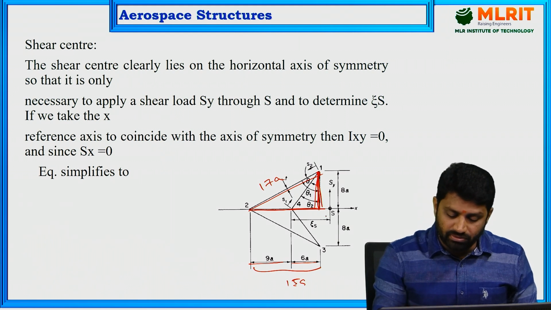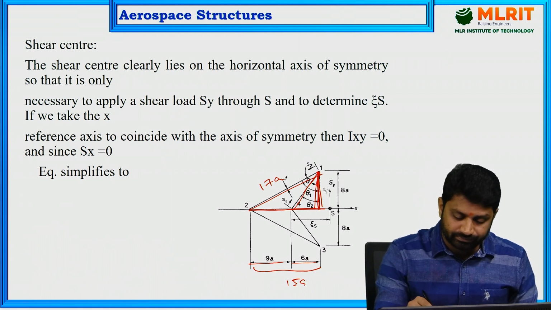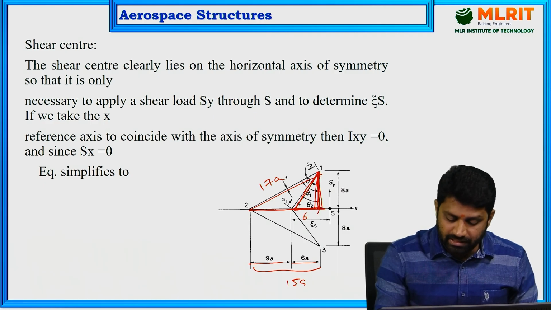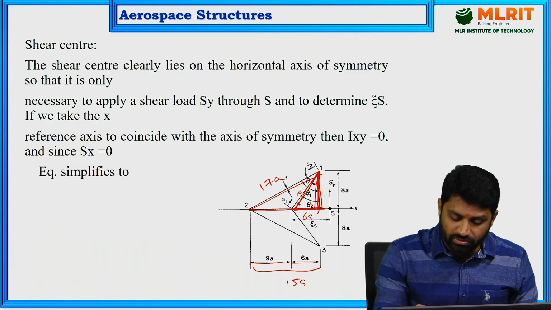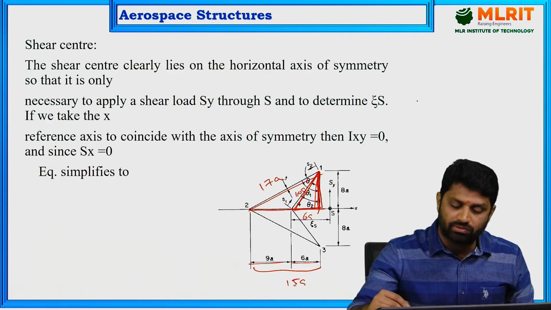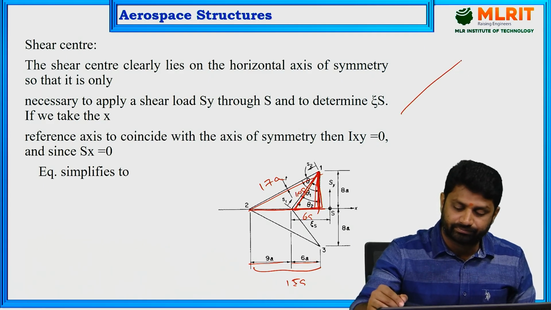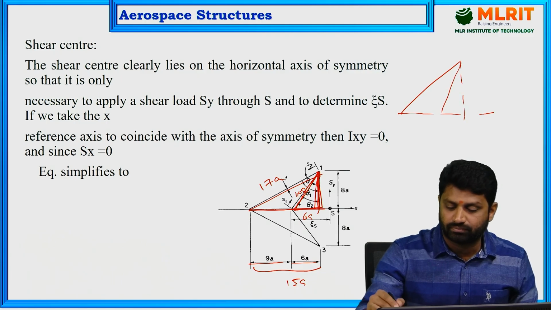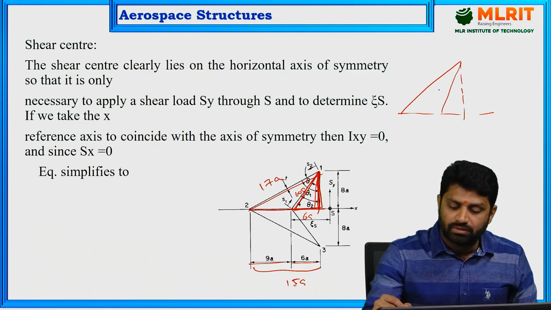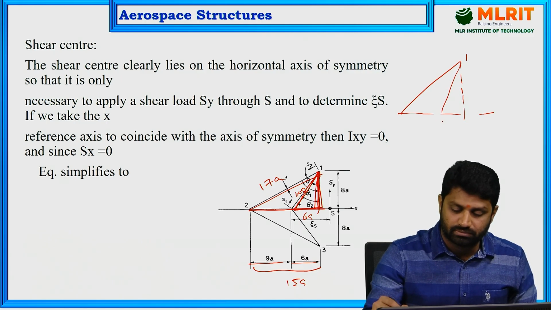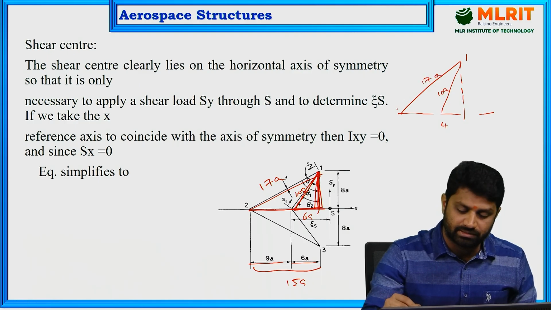Similarly, when you take only this triangle, here we have 6a and here 8a, so here you are going to get 10a. So the wall length 1-4 you are going to get as 10a, and this is 2.